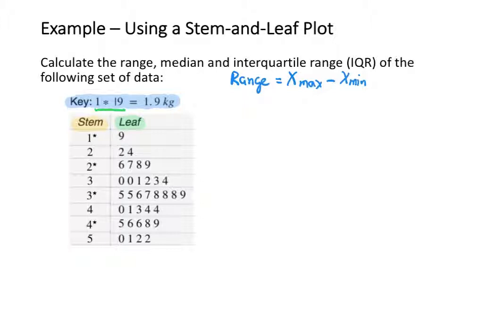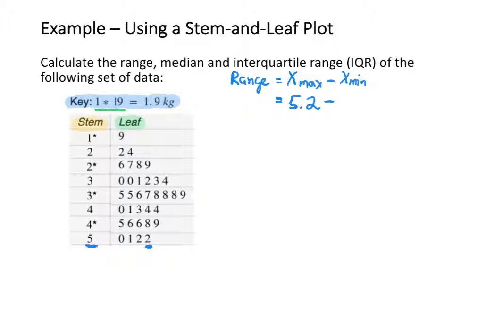Using our stem and leaf plot, we go to the last number, where the leaf is 2 and the stem is 5. So we know that our maximum number is 5.2.